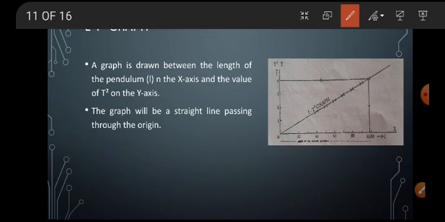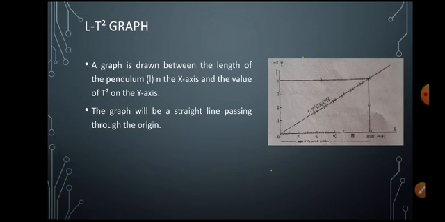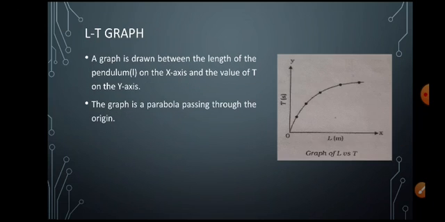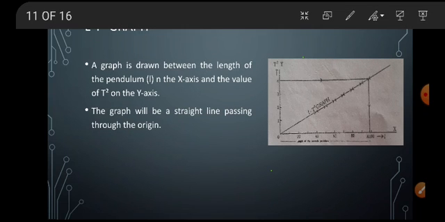This is a graph. Using this L-T square graph, you can find out the length of the seconds pendulum. Note down T square value as 4, and the corresponding length is taken as the length of the seconds pendulum.